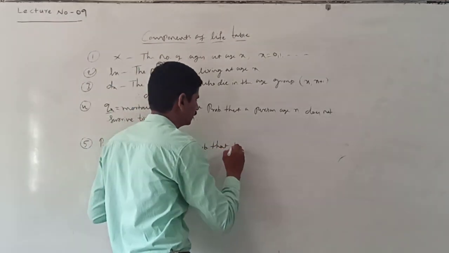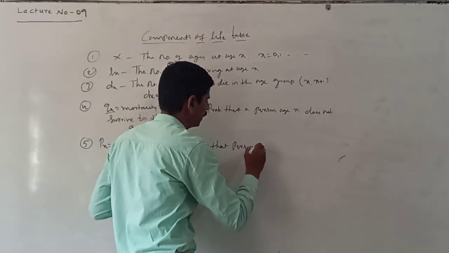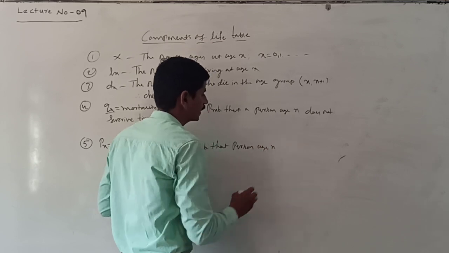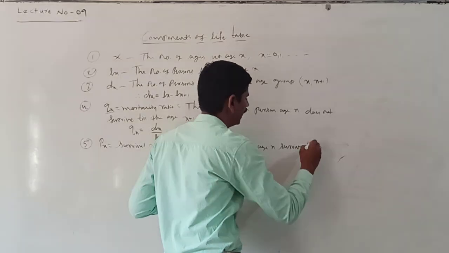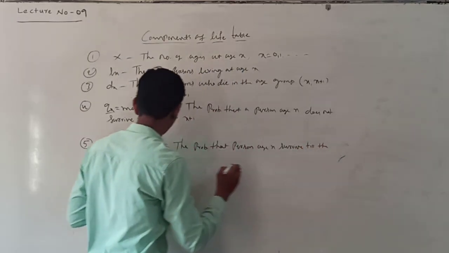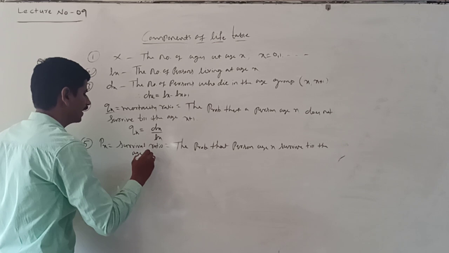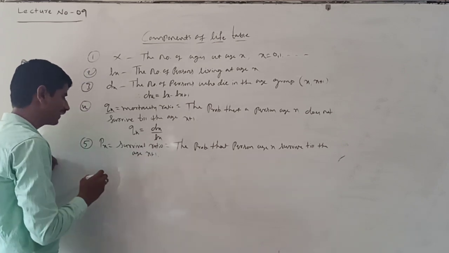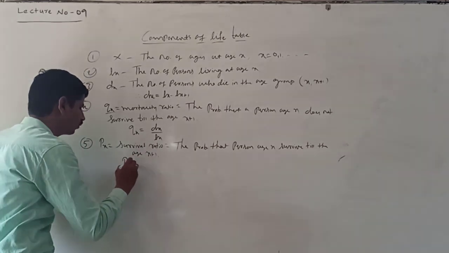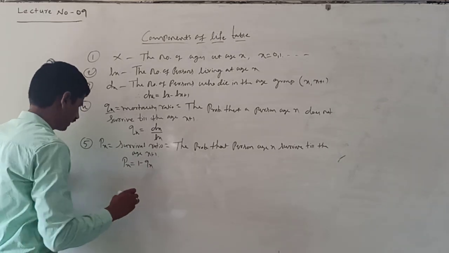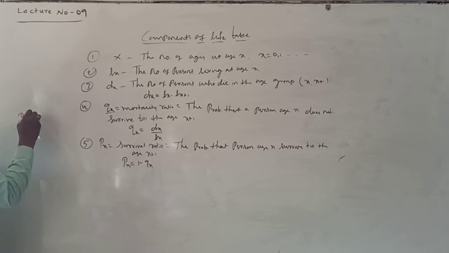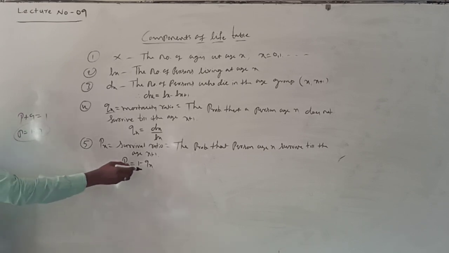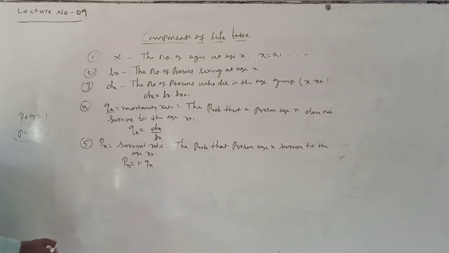It can be calculated as px equal to 1 minus qx. Actually, the total probability is 1, that is p plus q equal to 1. Then p equal to 1 minus q. That is px equal to 1 minus qx, where x indicates age.